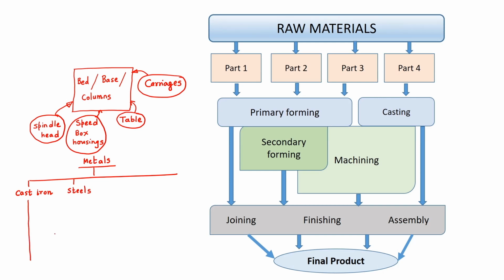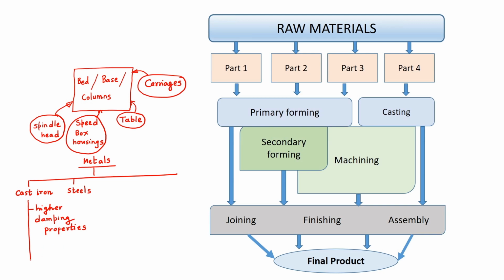So, cast iron provides higher damping characteristics. The cast iron has very good toughness. So, in case of application of the dynamic loading, in case of application of the intermittent loading, the cast iron will absorb the vibrations very easily.